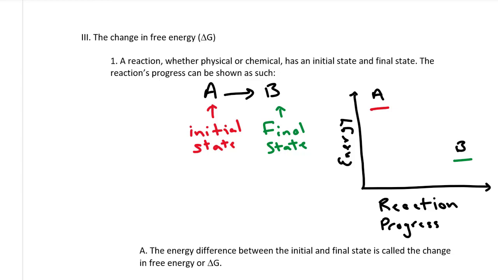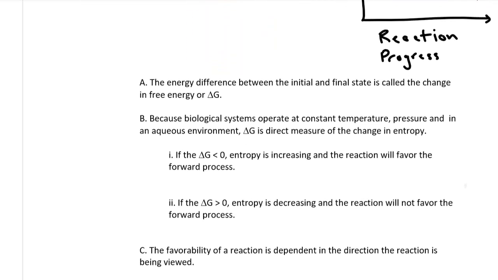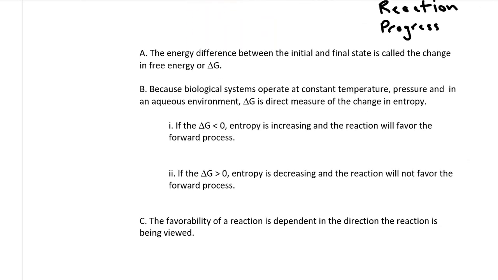The energy difference between the initial and final state is called the change in free energy, or delta G. So when we're looking at it here, the difference between the energy level of A and B will be called delta G. Because biological systems operate at constant temperature, pressure, and in an aqueous environment, delta G is a direct measure of the change in entropy.